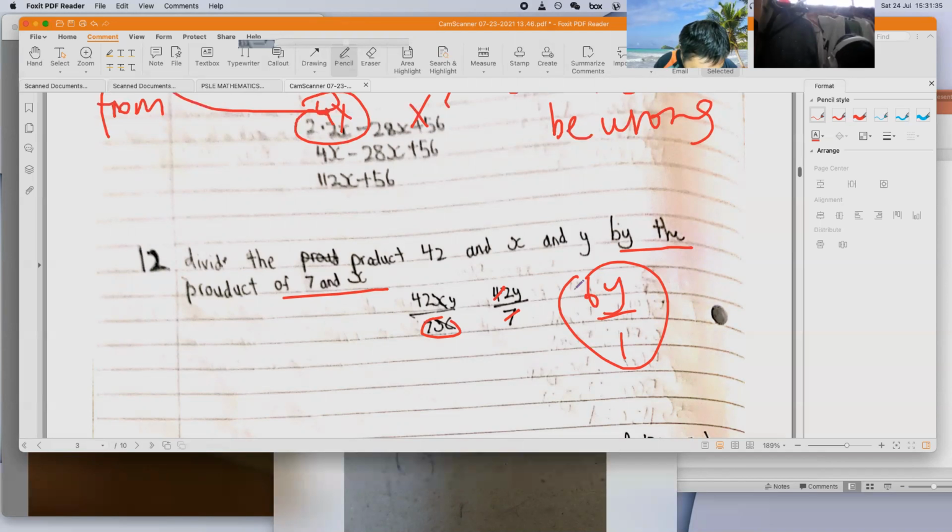Yes. Okay, so don't make this mistake again. Okay, good. Simplest form. Next.